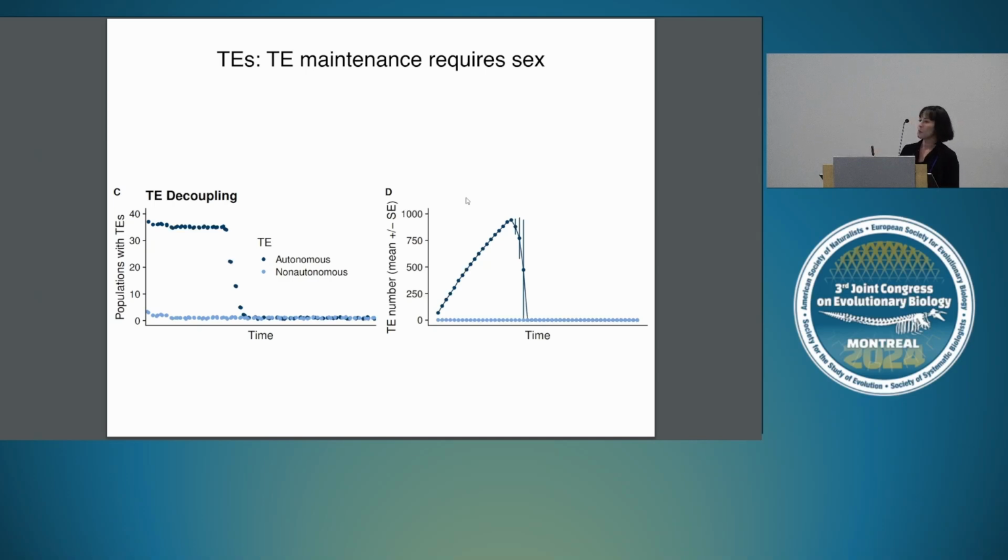One thing that does happen in a lot of the populations is that they're able to decouple. The autonomous one will lose the non-autonomous one early in the simulations, and it's able to persist for a period of time. But then eventually, it'll proliferate to the point where, again, it crashes out of the population.